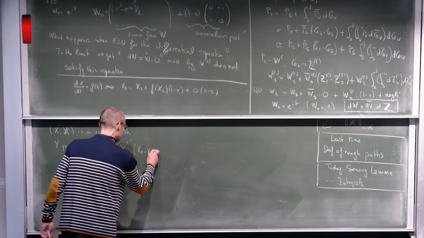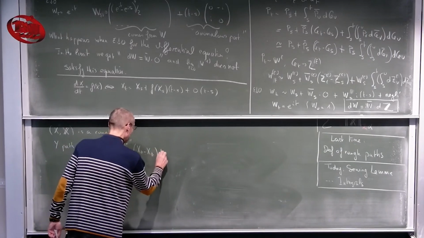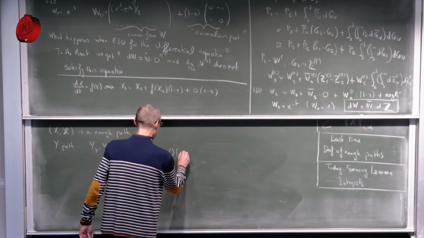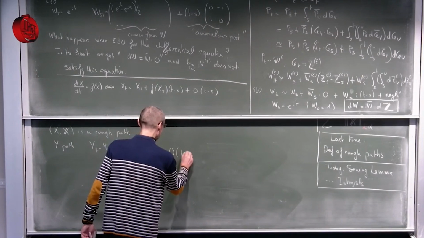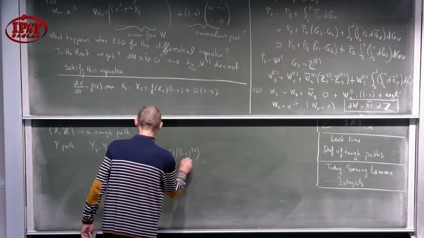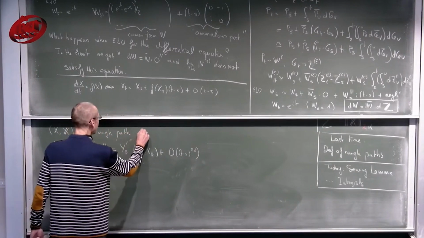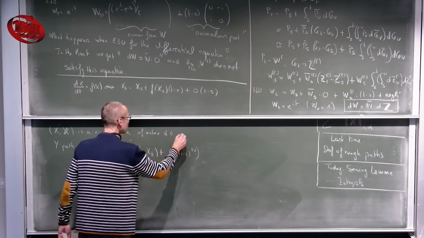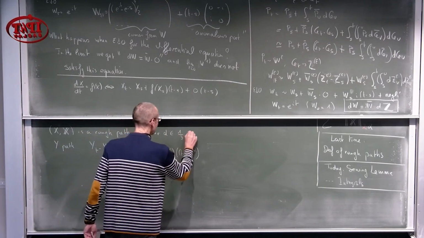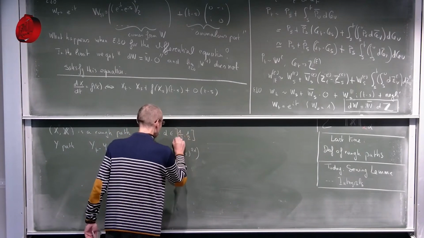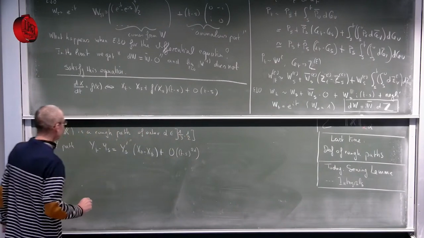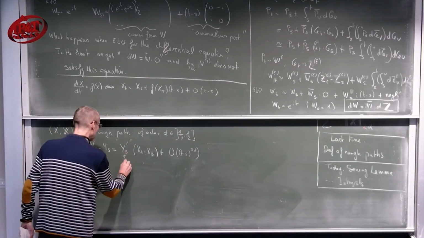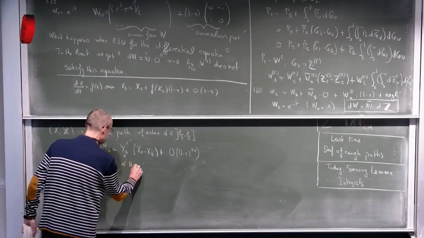Doesn't matter that much, but we imagine that there is some object here, and you ask that this one is also alpha Hölder.